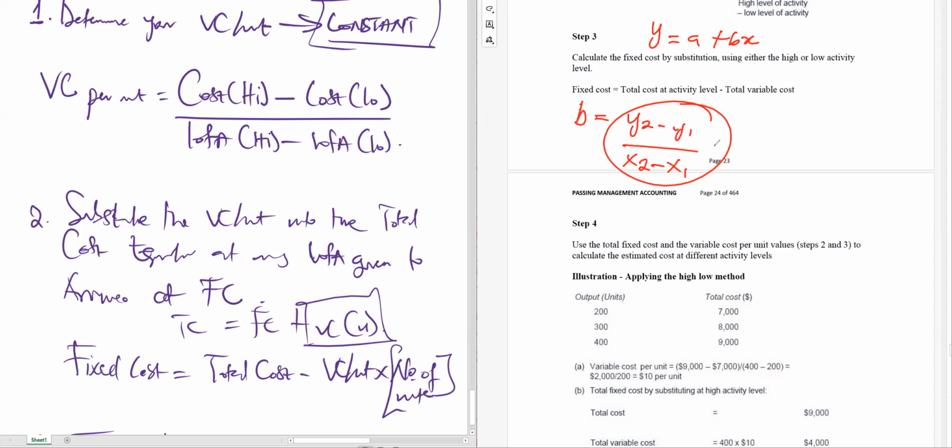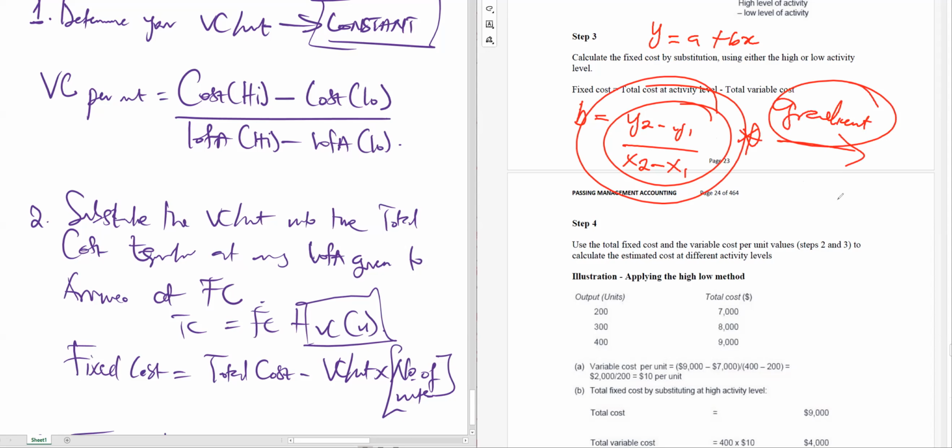I know it's been long since most of you did mathematics, but have you seen this before? What you used to call gradient, right? This gradient is the same as your variable cost per unit, and that is what we are finding here.